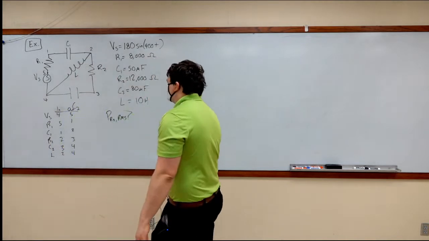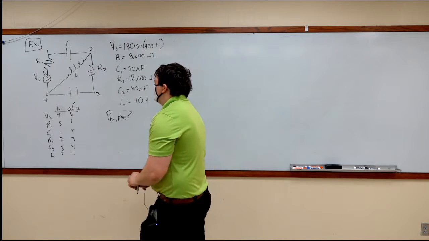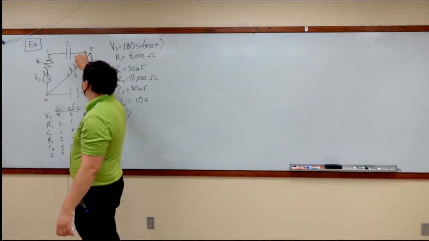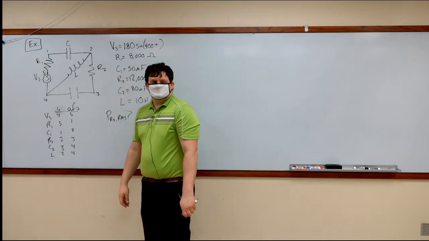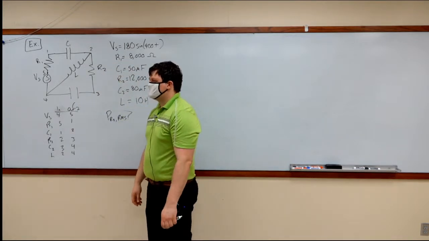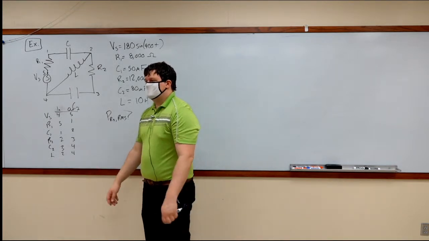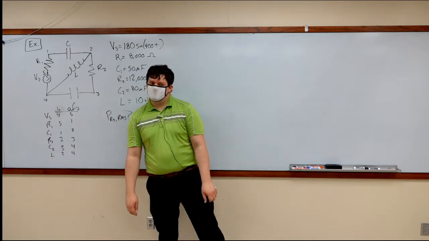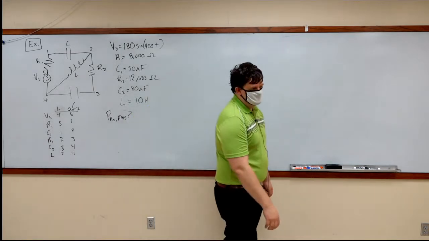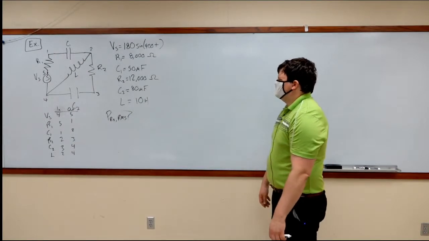So the only real components that we can see in series right now are these two in series and these two in series. This is otherwise pretty gross. Hard problem. That's why I'm doing it myself. All right.